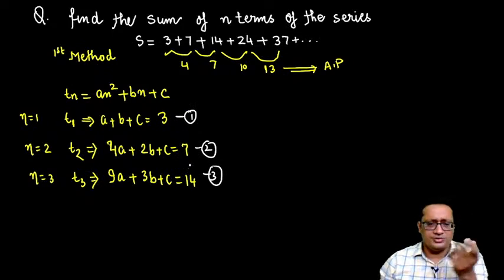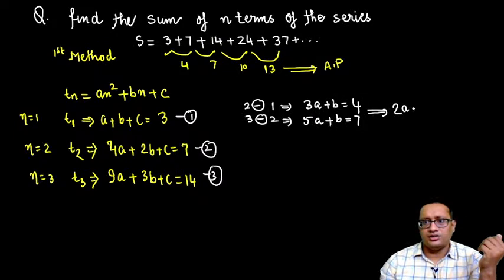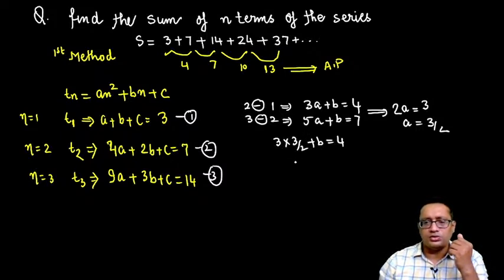Let's solve it. First, second minus first: 3a plus b is equal to 4. Subtract this: 2a is equal to 3, so a is equal to 3 by 2. Then 3a means 3 into 3 by 2 plus b is equal to 4, so b is equal to 4 minus 9 by 2, which is minus 1 by 2.